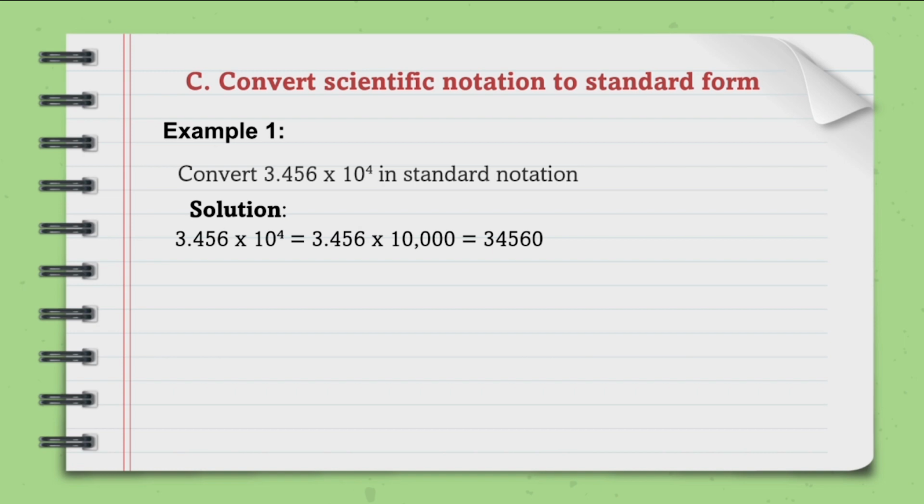So we multiply 3.456 times 10,000, and it will give us 34,560. Or, since you're multiplying by a positive power of 10, just move the decimal 4 units to the right.